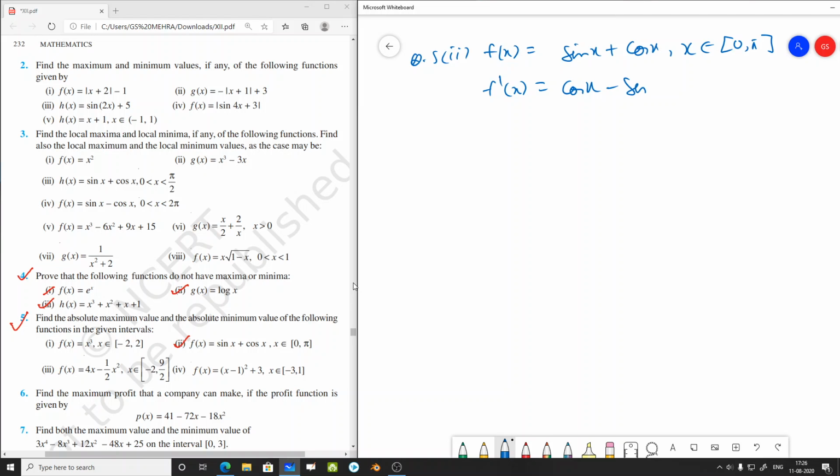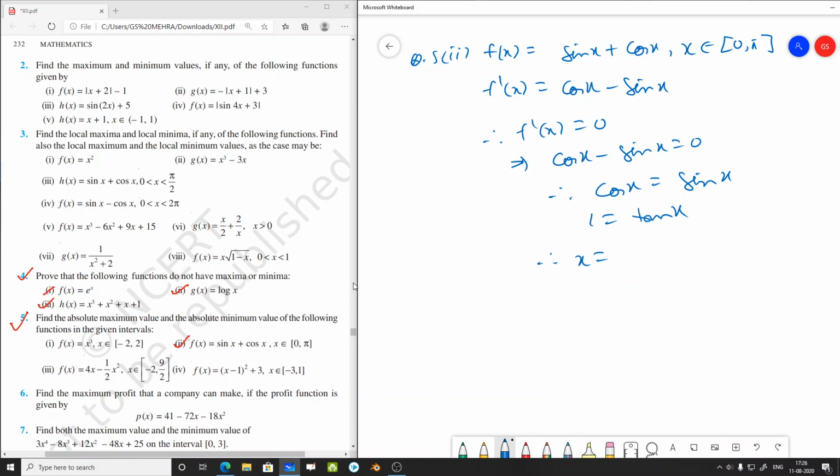So cos x minus sin x. Therefore f dash x equal to 0 implies cos x minus sin x equal to 0. So cos x equal to sin x. Dividing both sides by cos x, we get 1 equal to sin x by cos x, that is tan x, 1 equal to tan x.